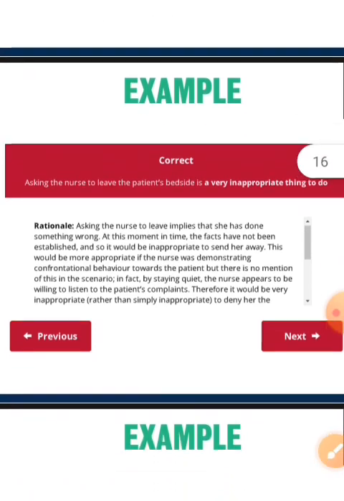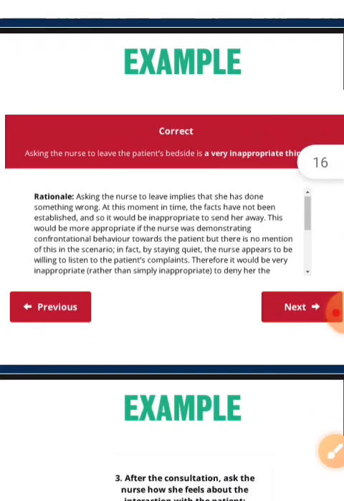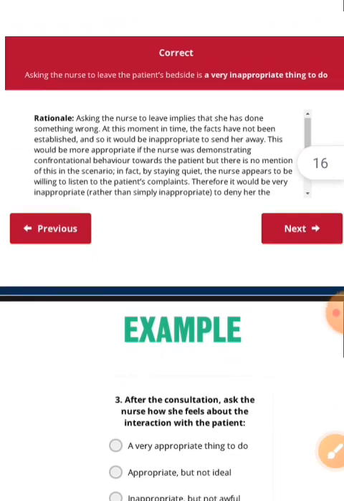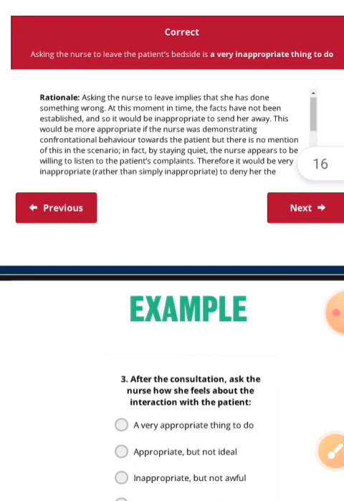So the reason why you choose that this is inappropriate is that asking the nurse to leave implies that she has done something wrong at this moment in time. The facts have not been established, and so it would be inappropriate to send her away.